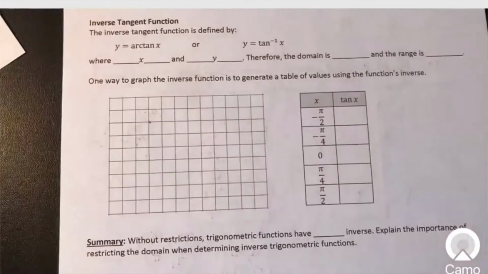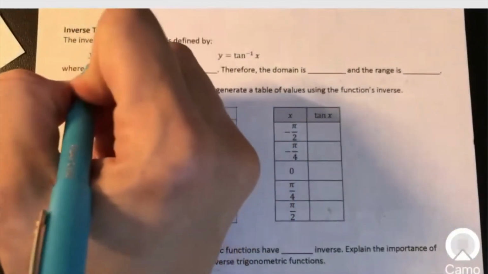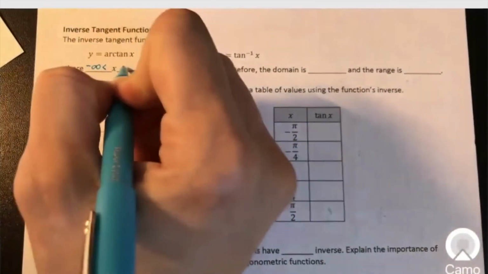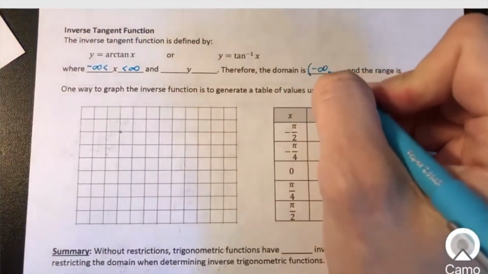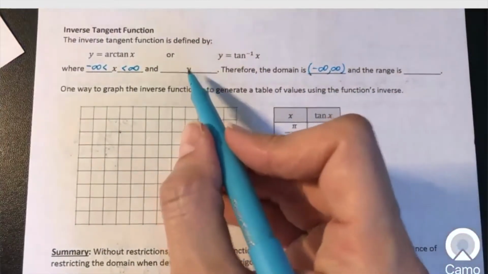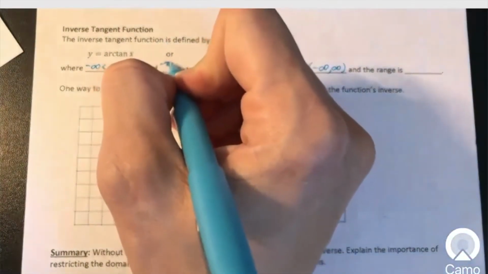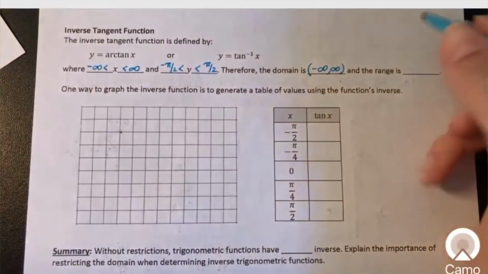So our x values are going from -infinity to +infinity, which means our domain will be -infinity to +infinity, non-inclusive. And our range will go from -pi halves to +pi halves, also non-inclusive.